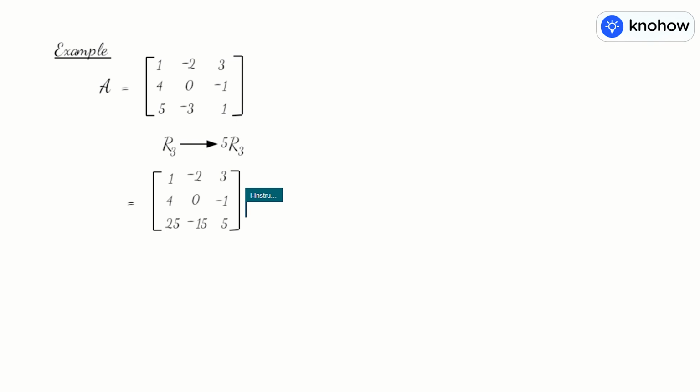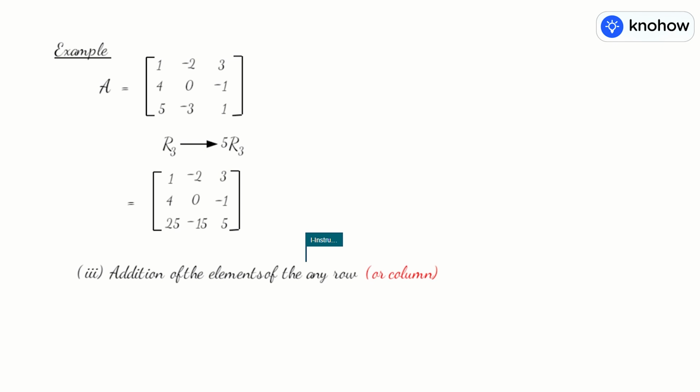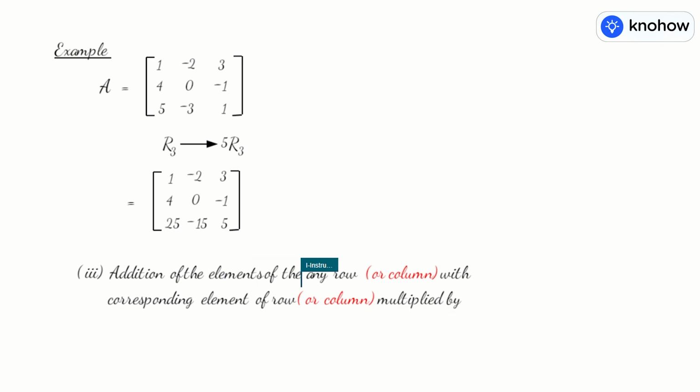Now the third operation is addition of the elements of any one row or maybe column to the corresponding elements of any other row or column multiplied by a non-zero number.